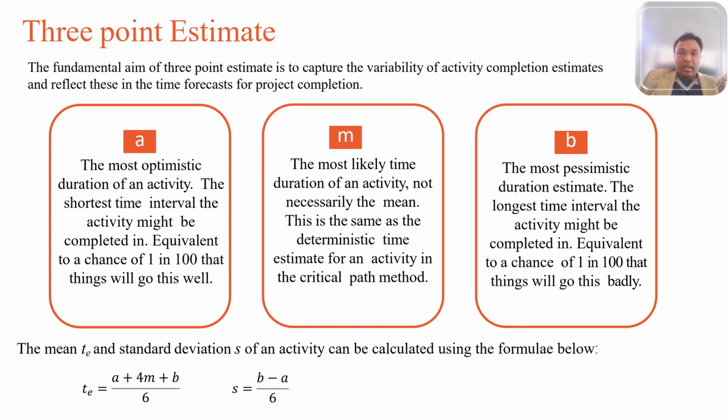You sum all those numbers and divide by 6, which gives you 4.3 weeks. For the standard deviation, you take the pessimistic value, which is 8, minus your optimistic value, 2 weeks, and divide by 6, which gives you 1 week. That's how you do the calculation using the 3 point estimate.